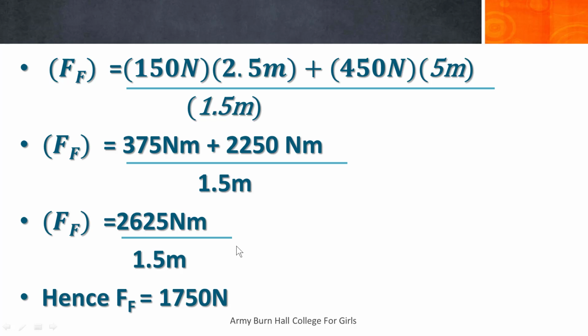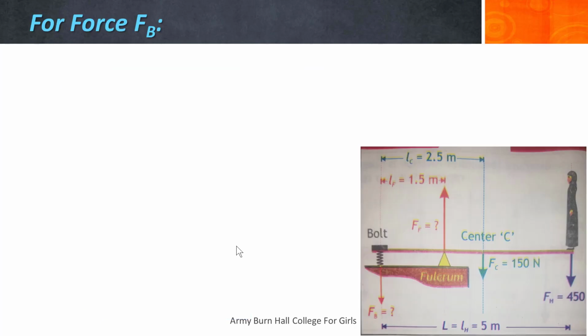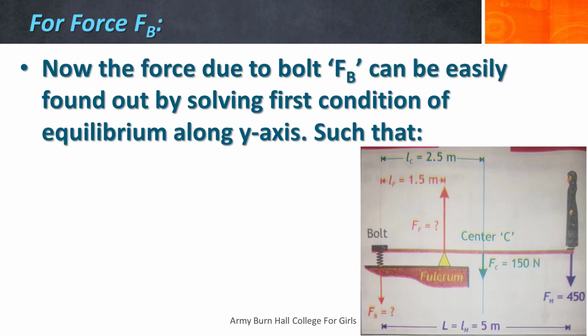So force due to the fulcrum is 1750 Newton. So the first unknown is calculated by using the second condition of equilibrium, by using axis of rotation at the bolt.